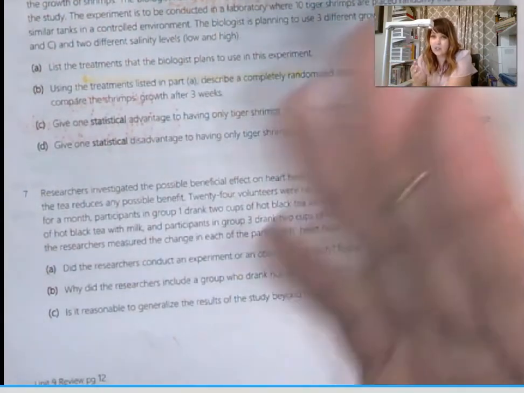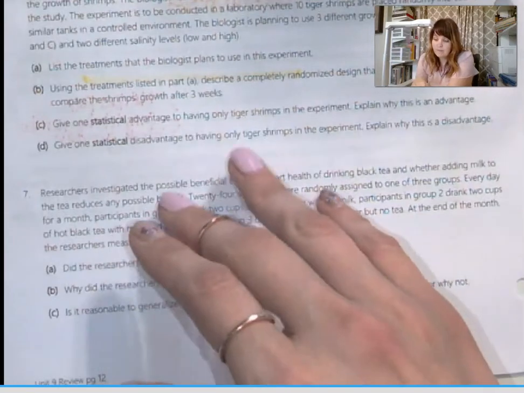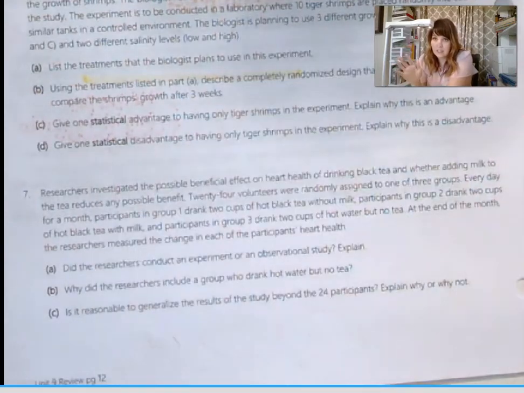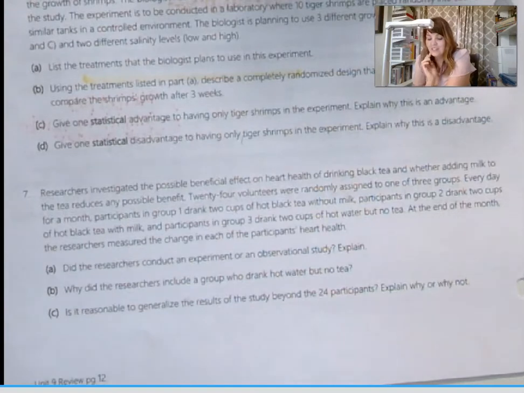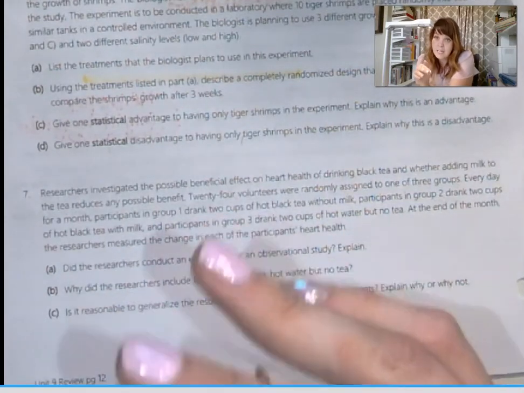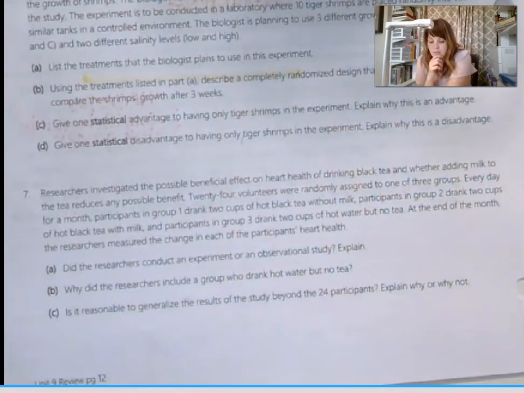If you include other types of shrimp, then you could have confounding, and you wouldn't know if it was the growth nutrient and the salinity that affected the shrimpies, or if it were the breed, the kind of shrimp that it was. So a statistical advantage would be you eliminate confounding based on the type of shrimp. And eliminate is the right word to use, because you're not using any other types of shrimp.